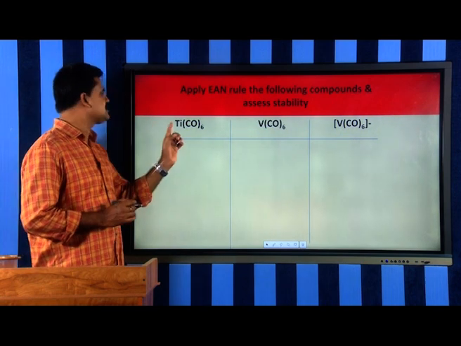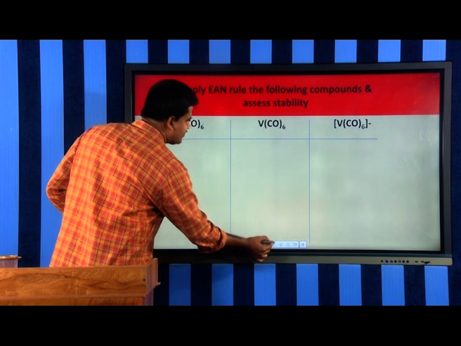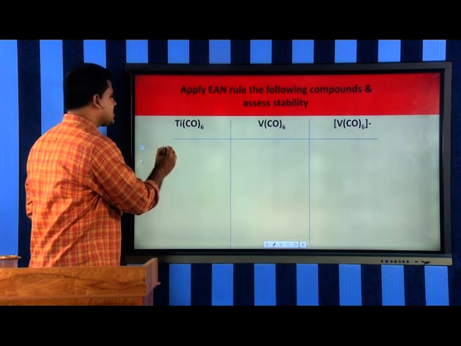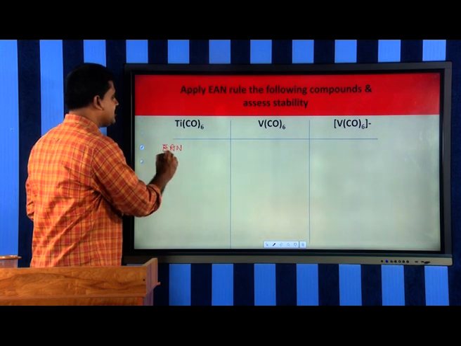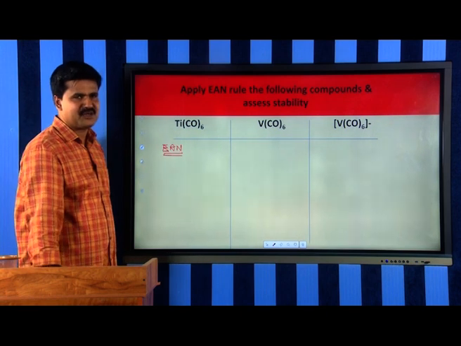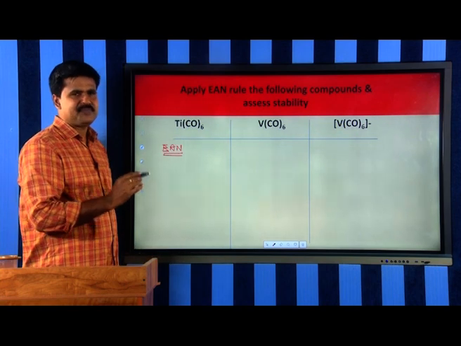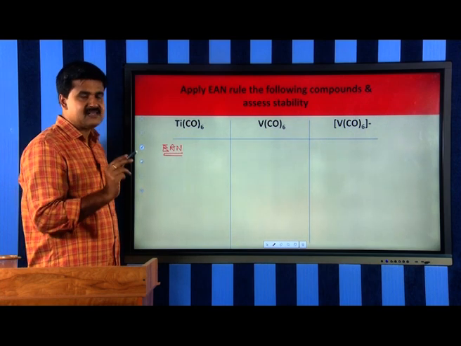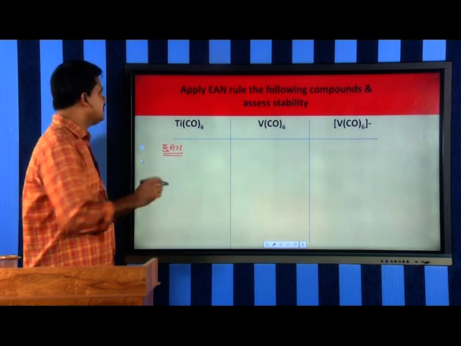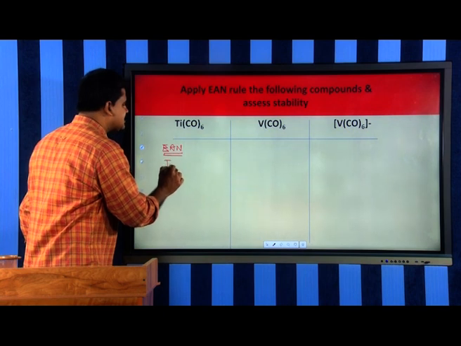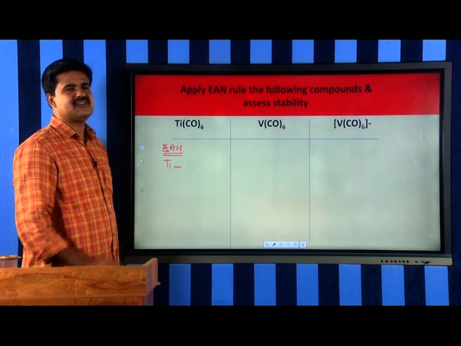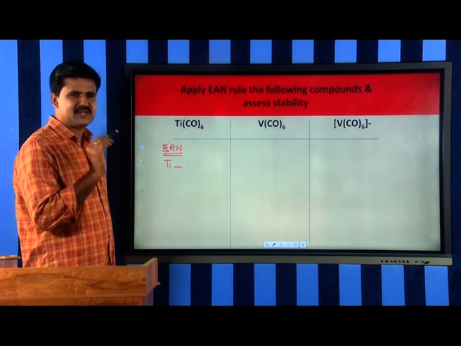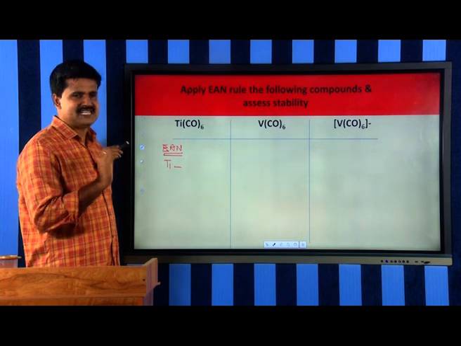First I can take the molecule titanium hexacarbonyl, and first of all we have to compute the EAN value, the effective atomic number value. What is effective atomic number? The total number of electrons donated by the ligands plus that from the central metal. Here titanium is the central metal. The number of electrons in titanium is equal to its atomic number: scandium, titanium.